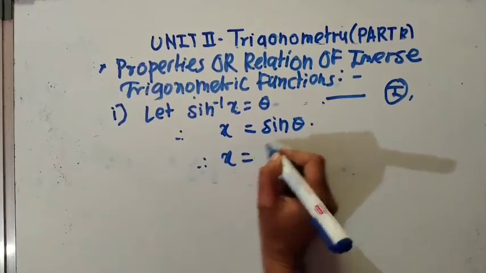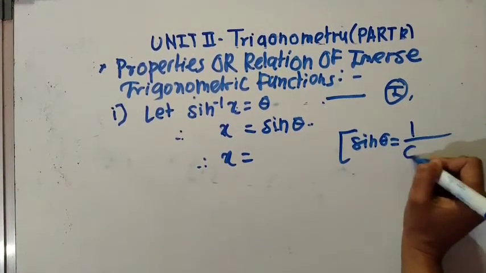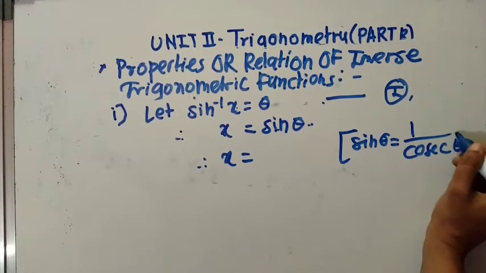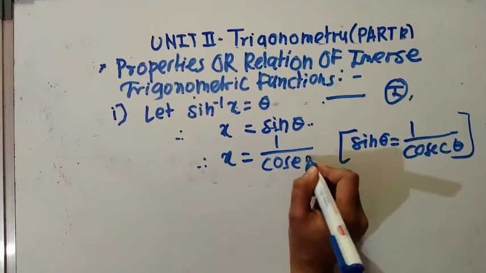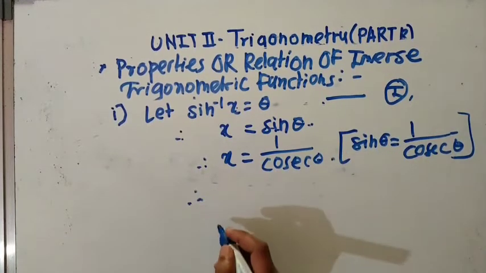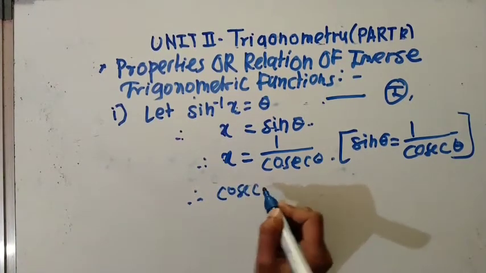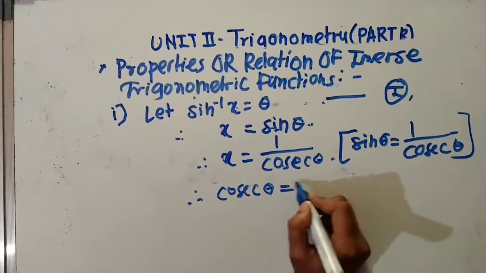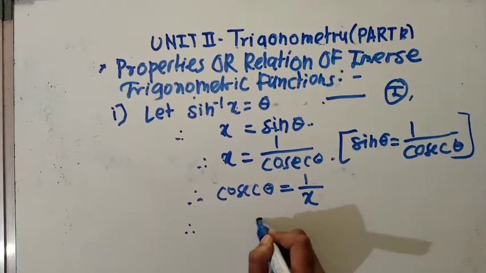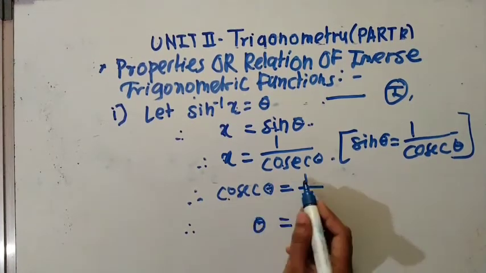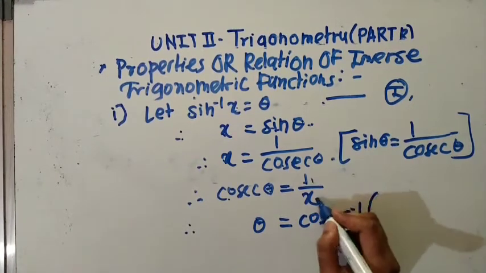Hence x is equal to sine theta, which is equal to 1 upon cosec theta. So cosec theta is equal to 1 upon x. Hence theta is equal to cosec inverse of 1 upon x.